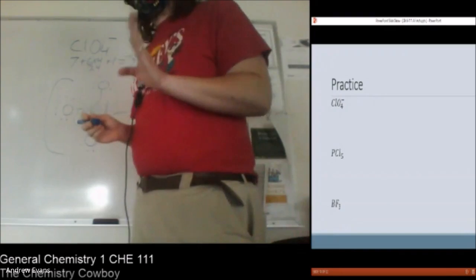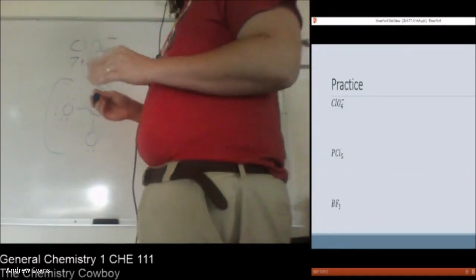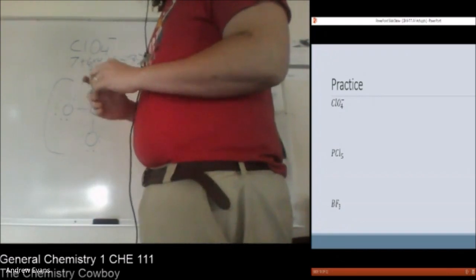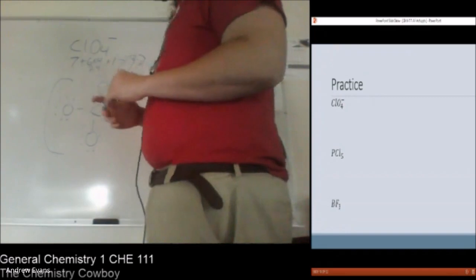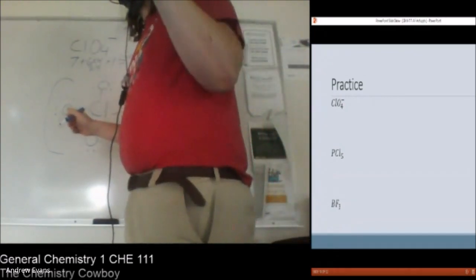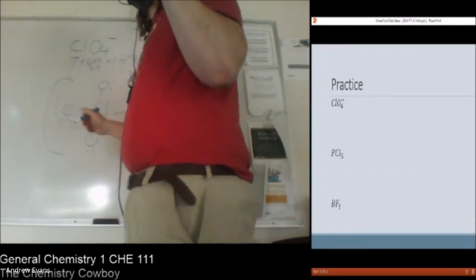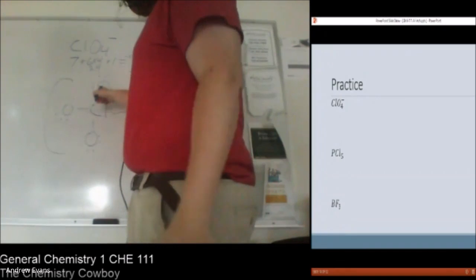Now, however, if I say draw a Lewis structure that minimizes all formal charges, let's look at the formal charge on this guy. Oxygen. Each oxygen should have 6 valence electrons around it. When we count things for the formal charge, we count half of the bonds.